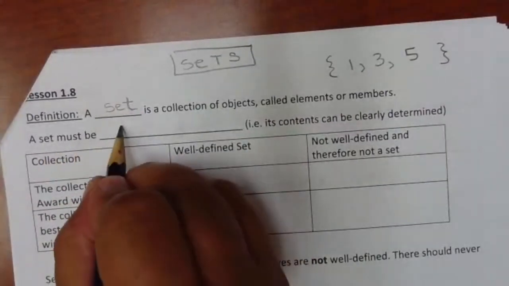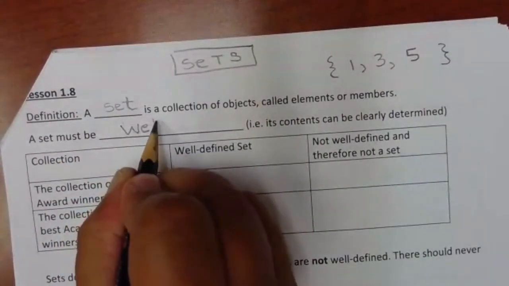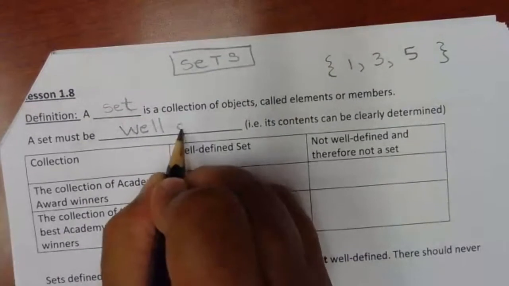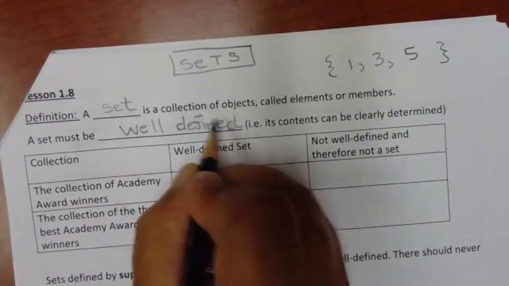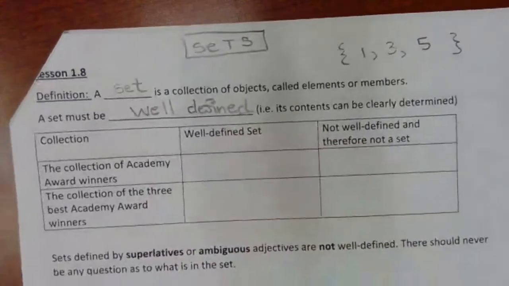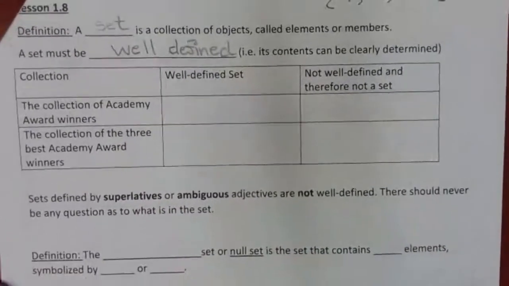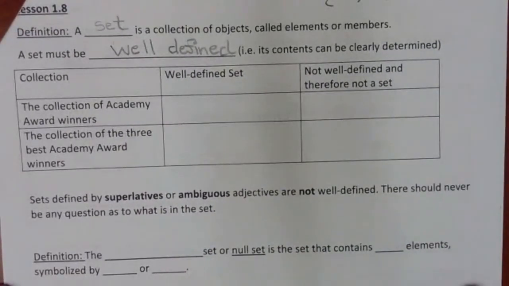They have to really describe very well what they want in the set in order for you to properly create it. So a well-defined set is necessary when you're doing set notation.